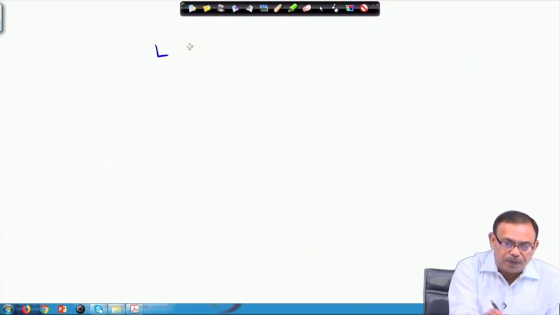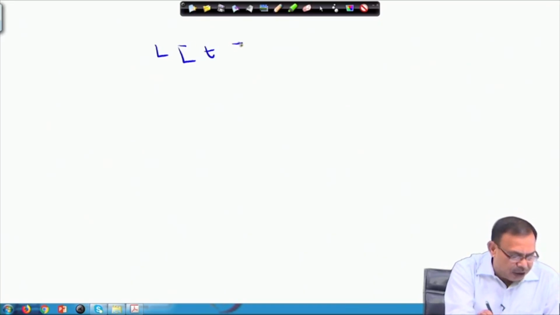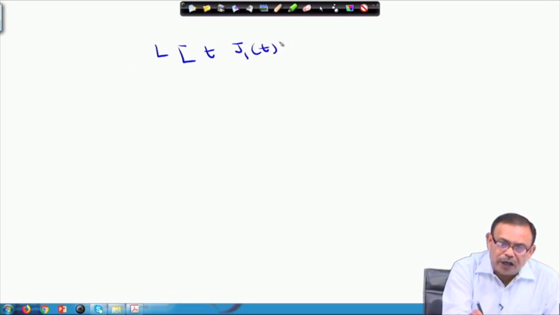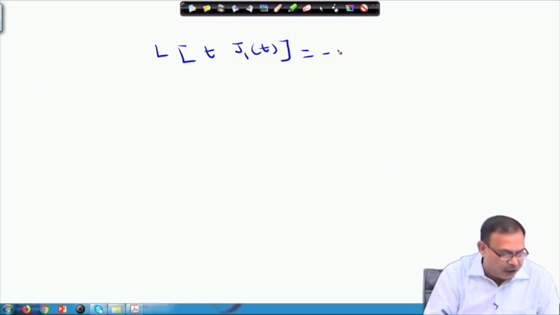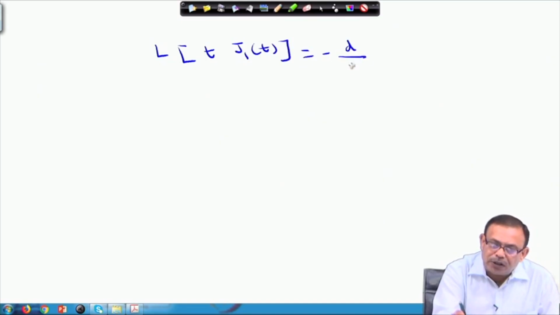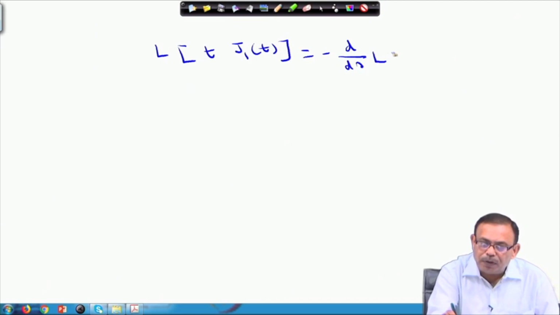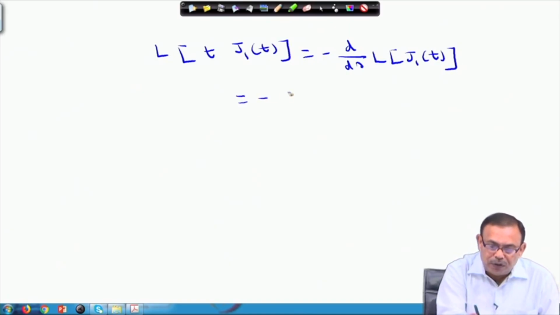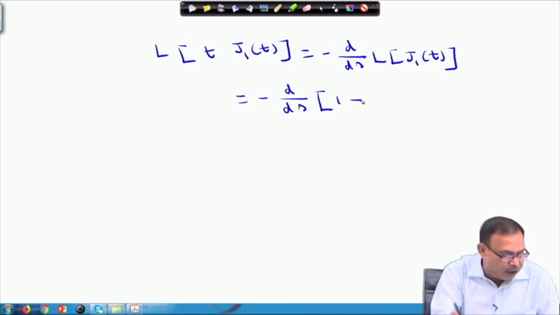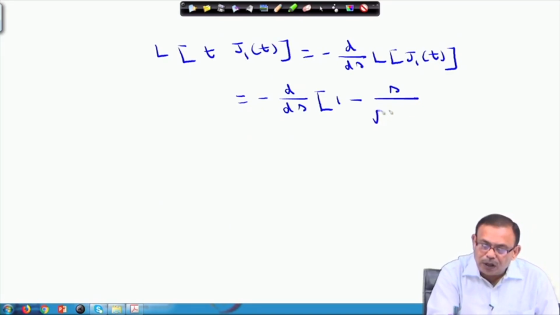So, the Laplace transform of t J 1 of t, again using the property of the Laplace transform, is minus d/ds of the Laplace transform of J 1 of t, and we already evaluated the Laplace transform of J 1 of t. So, minus d/ds of 1 minus s by root over 1 plus s square.